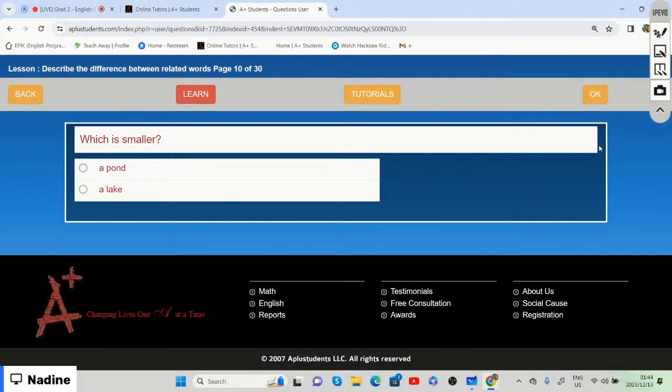And which one is smaller? Is it a pond or a lake? The word that is smaller, we can say, is a pond.